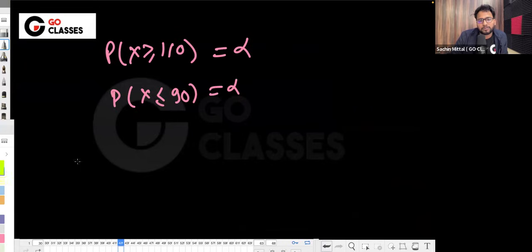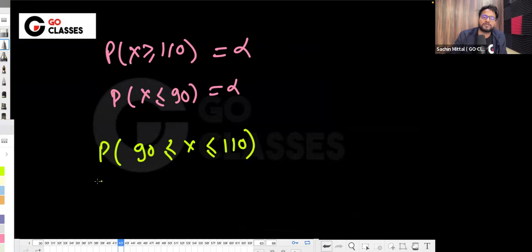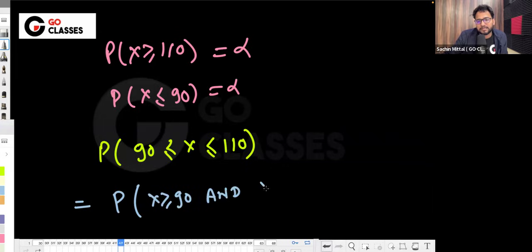Now they're asking what is the probability that x is in between 90 and 110. What is this probability? You can say it is same as saying that x is greater than or equal to 90 and x is less than or equal to 110. That's what they're asking, right? But we have less than 90 and greater than 110. So that's why you can do one thing.